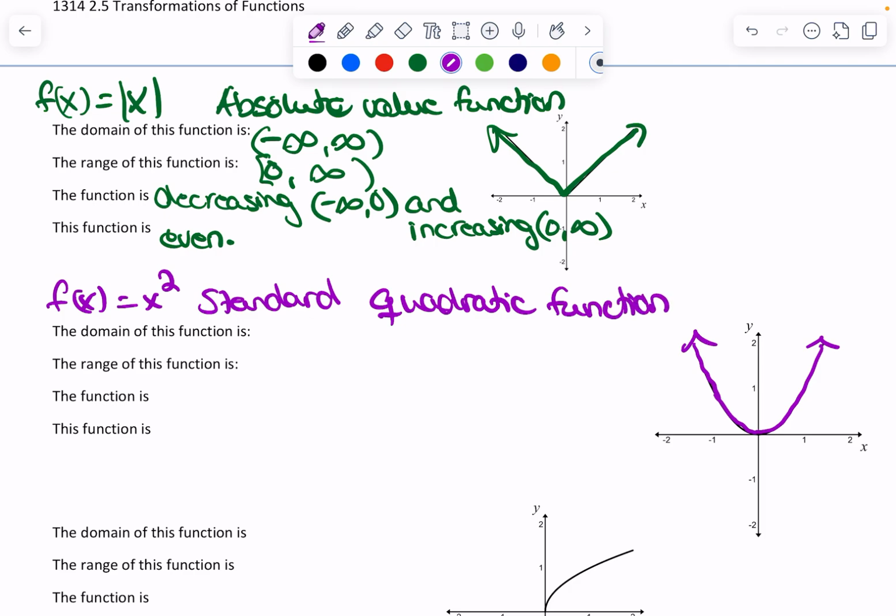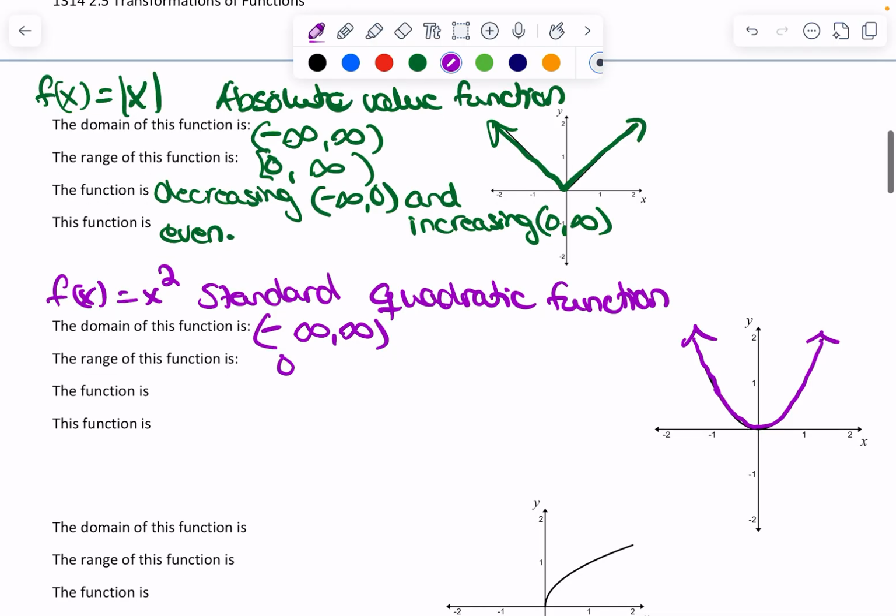The domain of this function is negative infinity to infinity, so all real numbers. It keeps going and going, even though it looks like it slows down, the x values do keep going as long as we would be graphing it. The range starts at 0, and again 0 is included, and the y values keep going to the positive side, so it goes all the way to infinity.